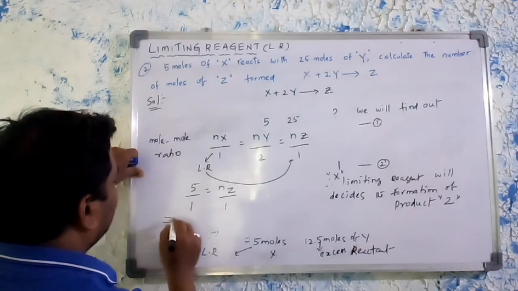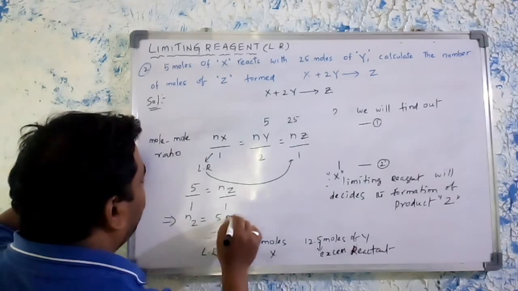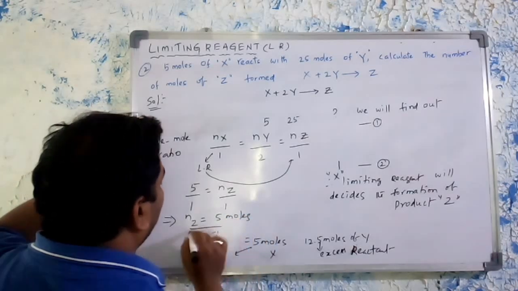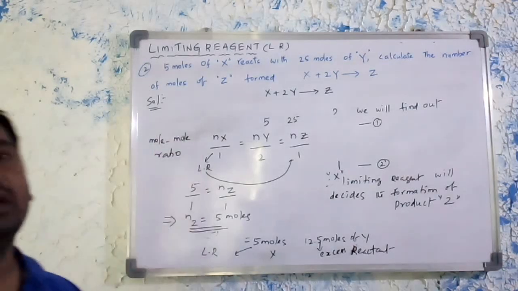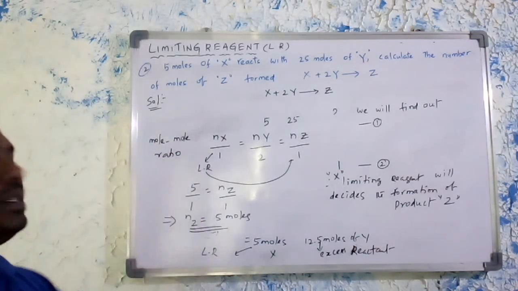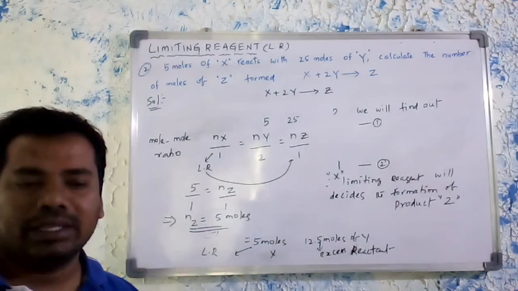So the number of moles of Z is equal to 5 moles. Therefore 5 moles of product will form in the given equation. X is our limiting reagent and Y is our excess reactant.